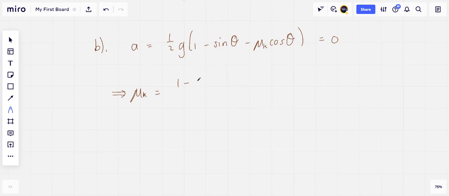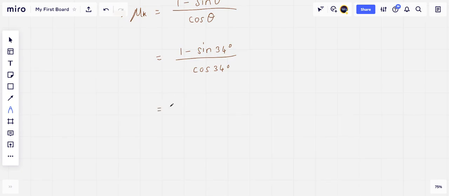And we get mu k to be 1 minus sine theta divided by cosine theta, which is 1 minus the sine of 34 degrees divided by the cosine of 34 degrees. And so we get the required coefficient of kinetic friction to be 0.53.